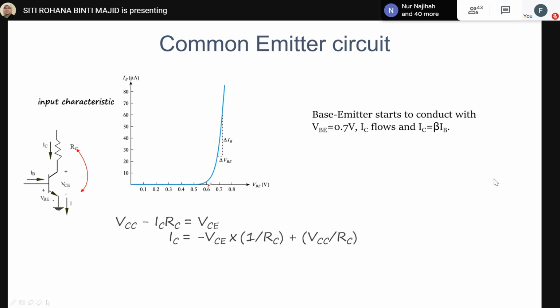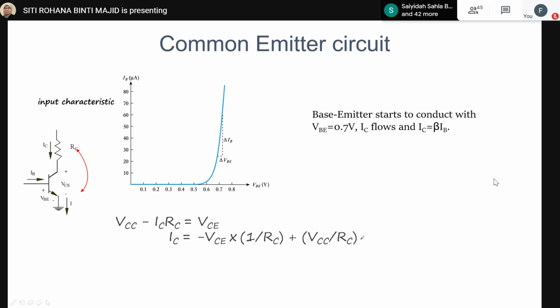From the diagram here we can calculate from Kirchhoff voltage law. I am referring to the output circuit, where we have VCC minus ICRC equals VCE. Rearranging this equation, you get negative VCE times 1 over RC plus VCC over RC.